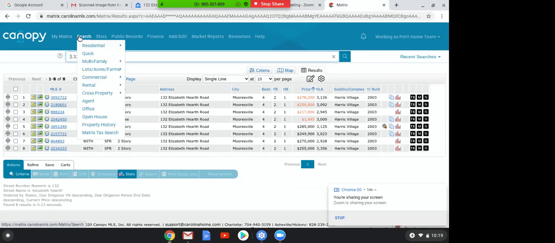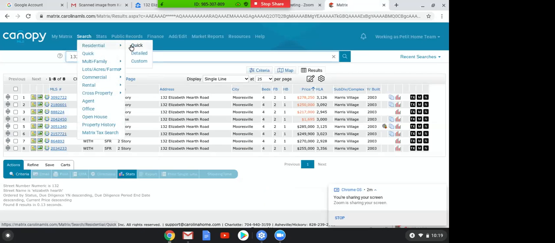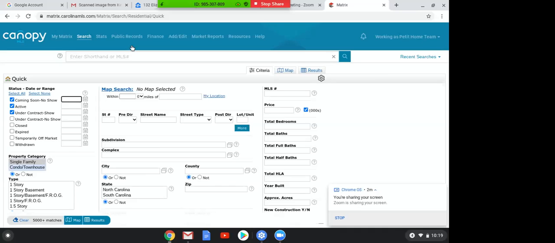Now I'm going to do my quick search. I want to search for properties that are within the subdivision of the subject property, the one on Elizabeth Hearth Road. When I went over there, I saw that this property is in the Harris Village subdivision. Let me just show you one other thing.